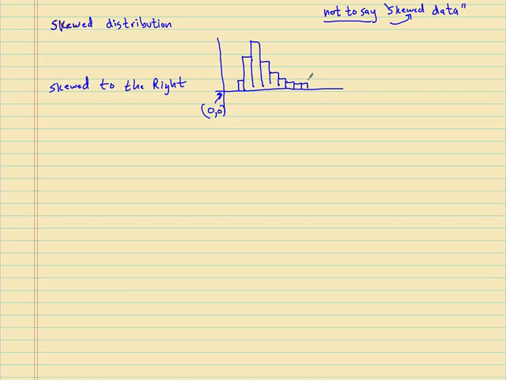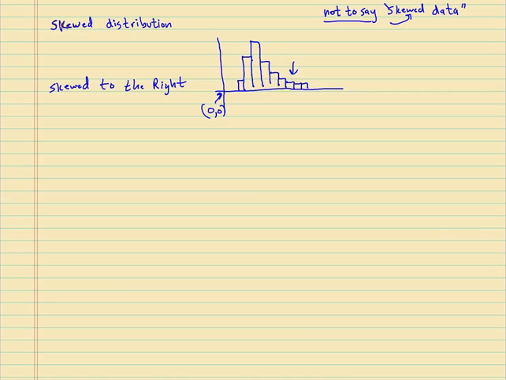And if you look at the book definition, they say if one tail stretches out further than the other, the histogram is said to be skewed to the side of the longer tail. So this one stretches out farther from the other.